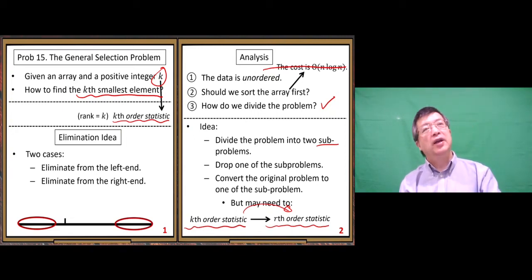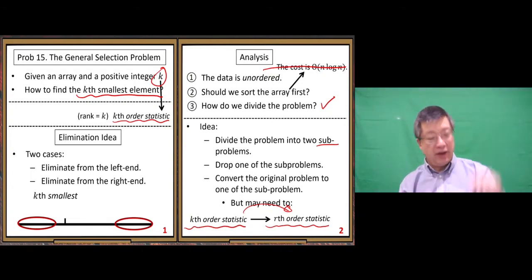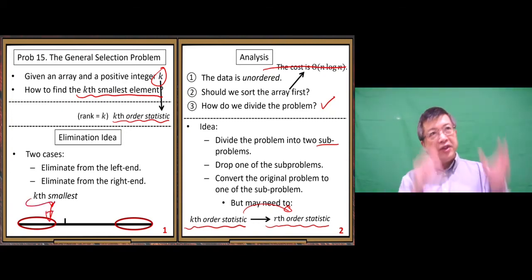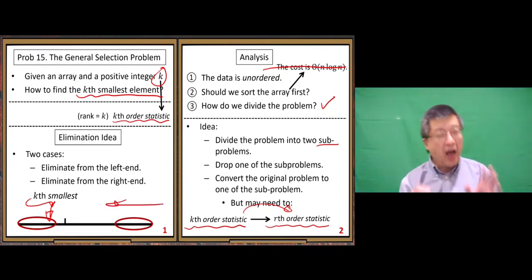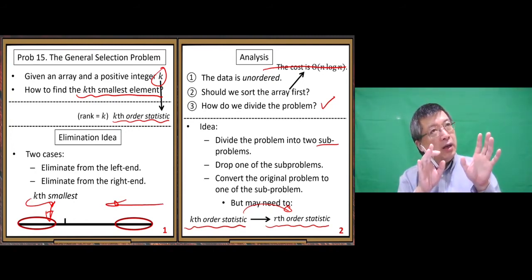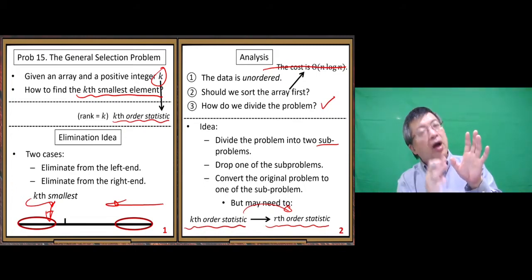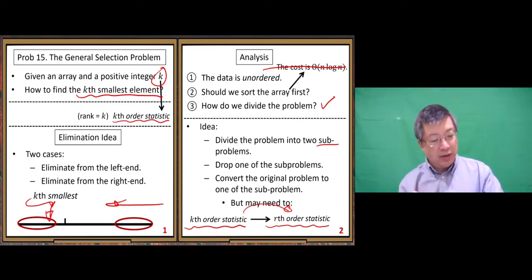All right, so then another view for it. For each element, there is a rank, right? If you select one element here, let's assume it is the kth smallest. For the same element, if you look from the larger side, counting from the right, how many elements are larger than that?